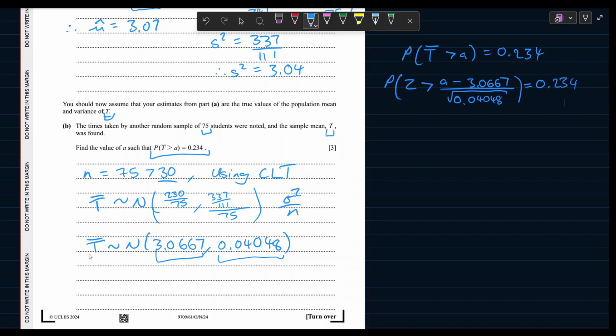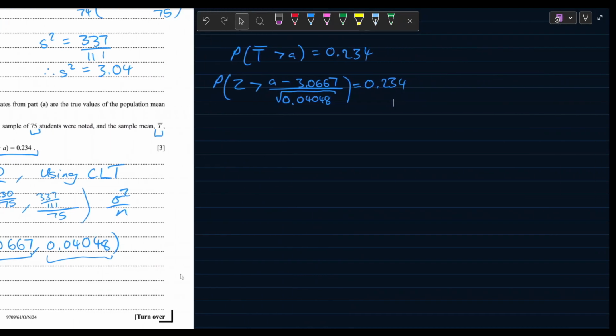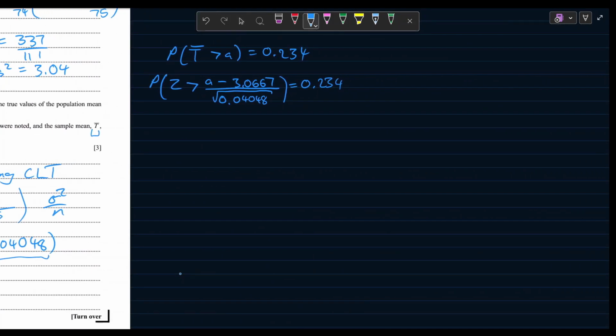So what we want to do is to find a. And how we're going to do this is we want to find the z value that corresponds to this probability. So let me replace this with z and say this should be 0.234.